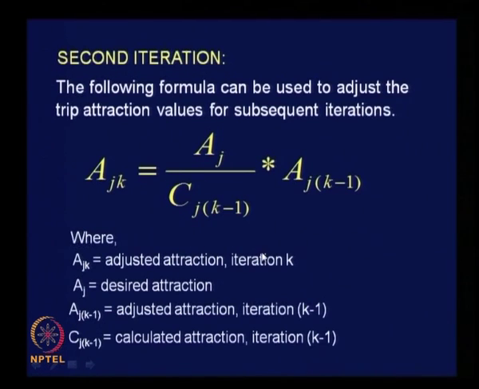Instead, if Cj(k-1) is larger than Aj, then you will get a reducing effect because the denominator is larger. That is how we iteratively adjust the trip attraction value and give the adjusted value as initial trip attraction value for subsequent iterations, and this iterative process is continued until your calculated value of attraction and the desired value are matching to a significant extent. This is how we adjust the trip attraction value for subsequent iterations.